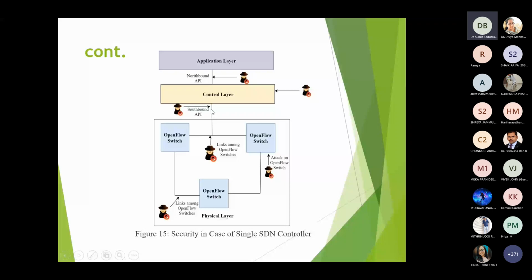I have already discussed with you that OpenFlow switches have a limited amount of memory. So what happens if it forwards malicious traffic and overburdens its memory? The legitimate traffic that is supposed to run in the network is also discarded. That is one thing. Another thing is links among OpenFlow switches, which are also vulnerable to DDoS attack.